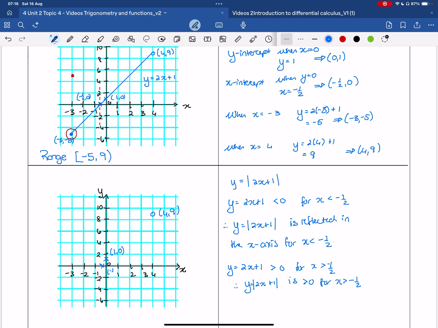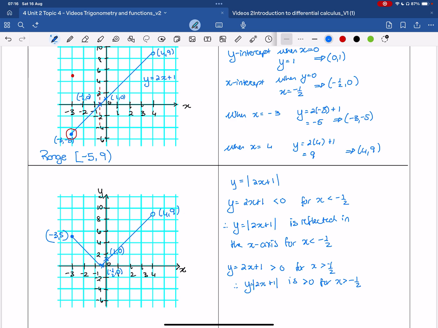So -1/2 and 0. However, that point -3, -5 now flips up and it becomes -3, +5. So I'm going to connect that line and that line over there.